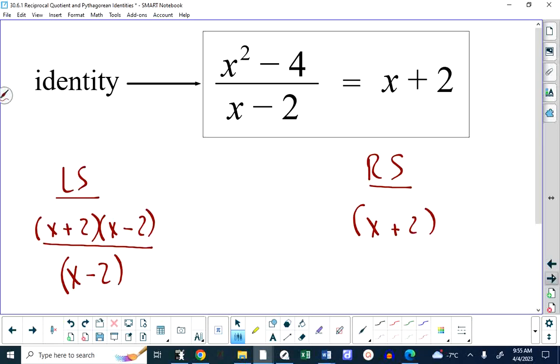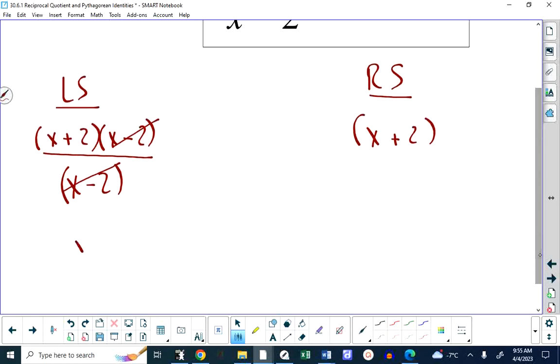Because we have a non-permissible value here. And I don't know if you remember this, but when you cancel things, which you're allowed to do, and you get x plus 2, that non-permissible value is still part of the original thing. So these are not the same.